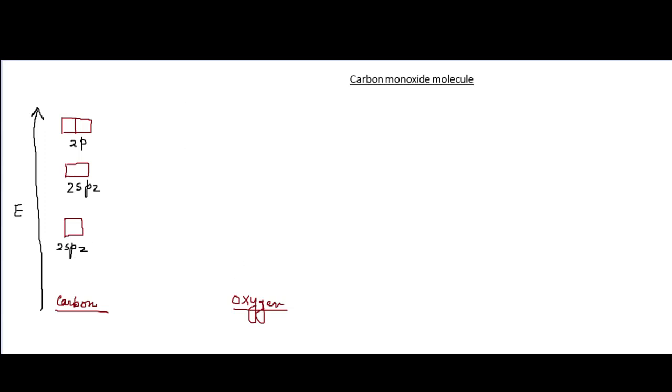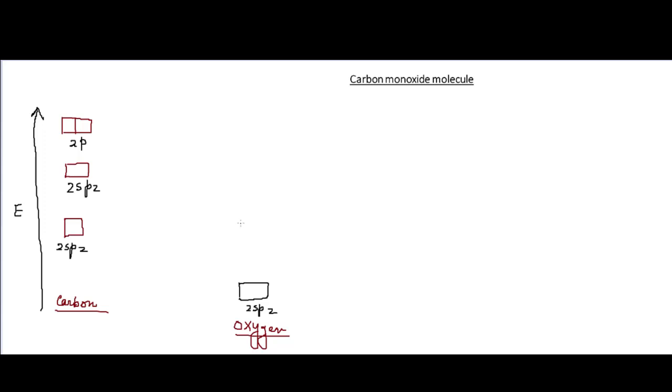Now for oxygen. Oxygen atomic orbitals should be located towards the lower side energetically. So the oxygen 2sp will be quite low, like this. The low energy 2sp, similarly for oxygen, and the high energy 2sp.